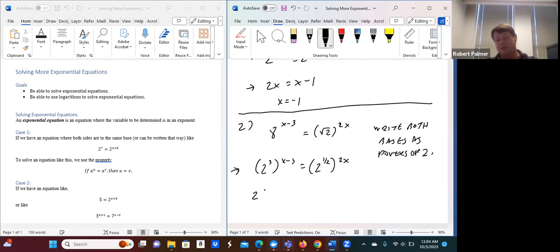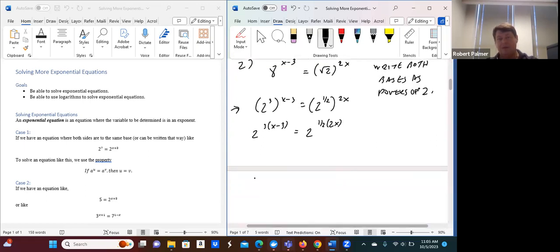And so this is going to be 2 to the 3 times (x-3), and this is equal to 2 to the 1/2 times 2x, which is 2^x. If we distribute, the left side is 2^(3x-9), equal to 2^x.